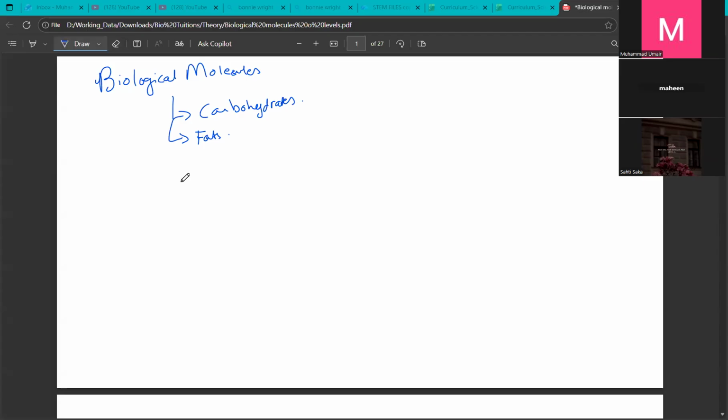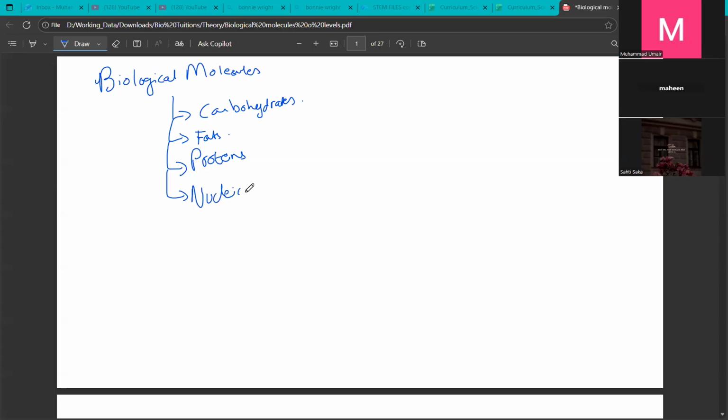Okay. So this is a lot more inclined towards chemistry than it is to biology, but we need to know from a biological perspective. So we have carbohydrates, we have fats, we have proteins, and we have something. So fats, carbohydrates, proteins आपने सुना होगा, सुनते आ रहे होंगे, but we also have nucleic acids.